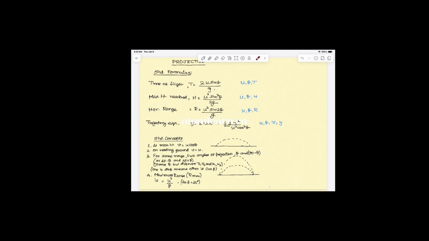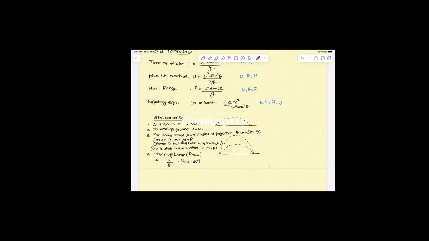And for the complementary angle, if you put 90 minus theta, then 2 theta becomes 2 into 90 minus theta, which is 180 minus 2 theta. Sine of 180 minus 2 theta, we know trigonometrically, is also equal to sine 2 theta. Therefore, both the projection angle theta as well as 90 minus theta give the same value of sine 2 theta, so the range is going to be the same.